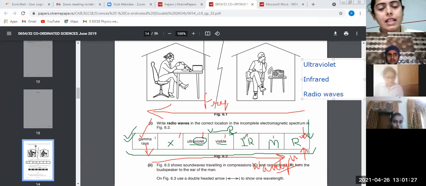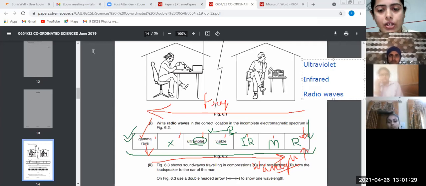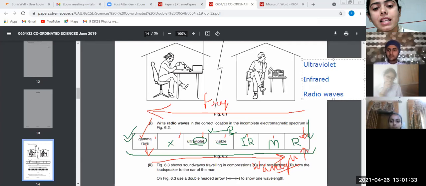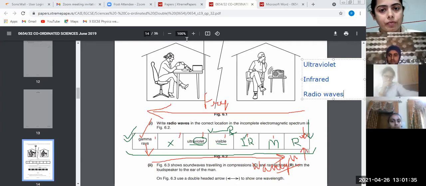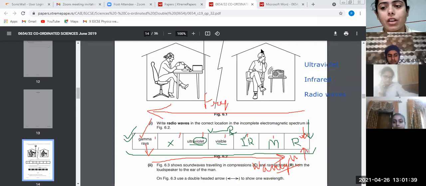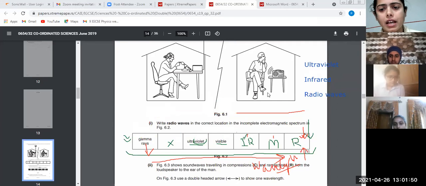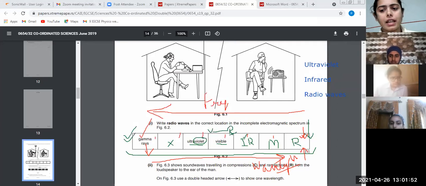Now let's say these are the 3 and the question is to arrange them in the order of increasing wavelength. Do it. Everything is in front of you now. In Figure 6.2 I have written where frequency increases and where wavelength increases. Now please arrange them as per the increasing wavelength.